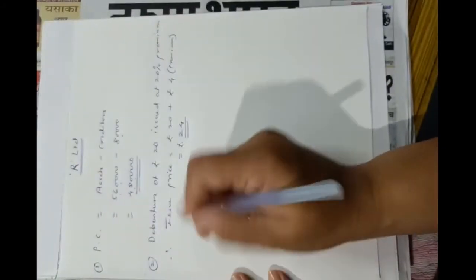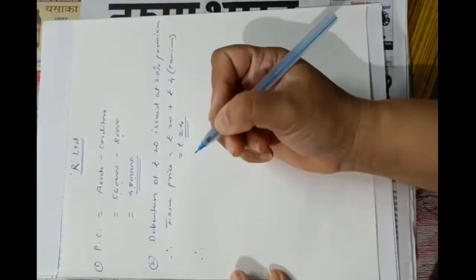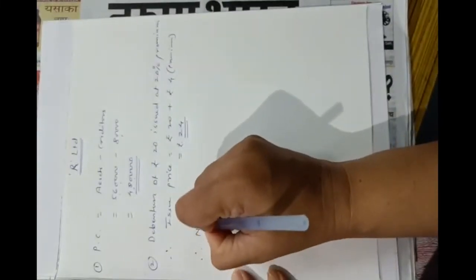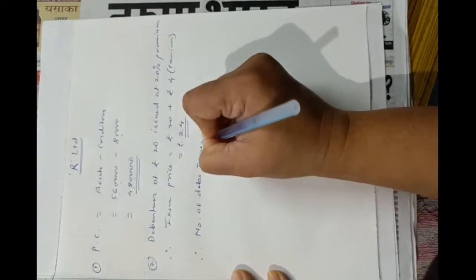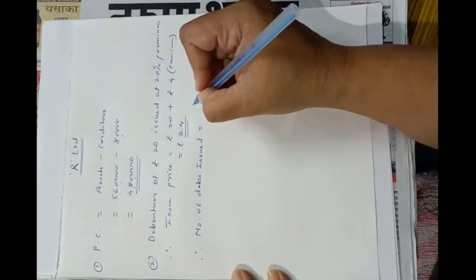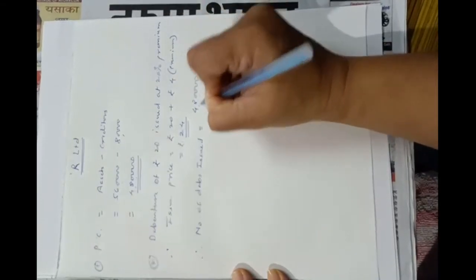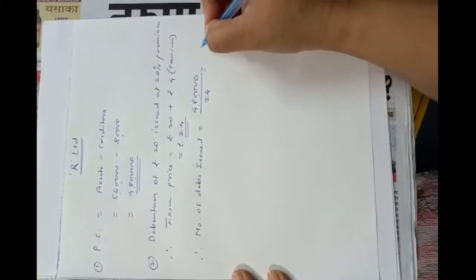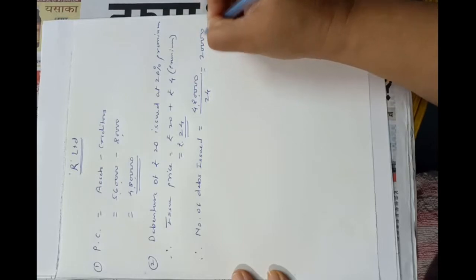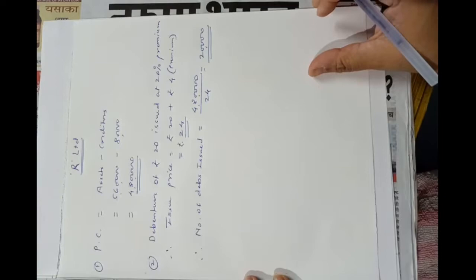Now we can calculate from issue price the number of debentures issued. So number of debentures issued is equal to total price payable 4,80,000 divided by, as I told you, issue price, that is 24, and so the number of debentures issued were 20,000. Understood?